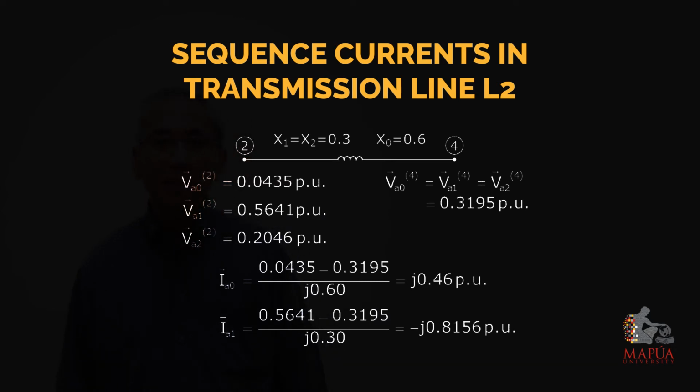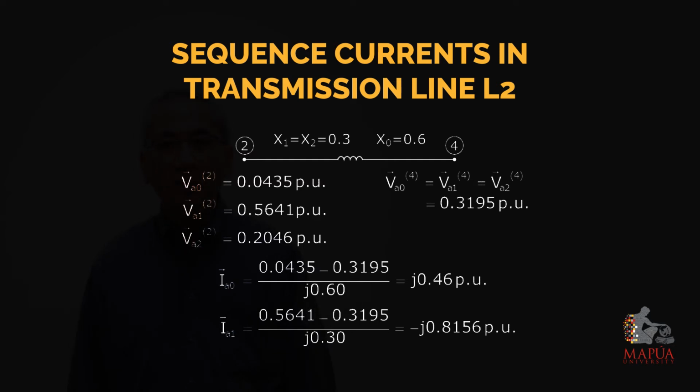So from these sequence voltages at buses 2 and 4, we can compute the sequence currents in the transmission line L2. IA0 is equal to 0.0435 minus 0.3195 divided by j0.6. And that gives us j0.46 per unit for IA0.